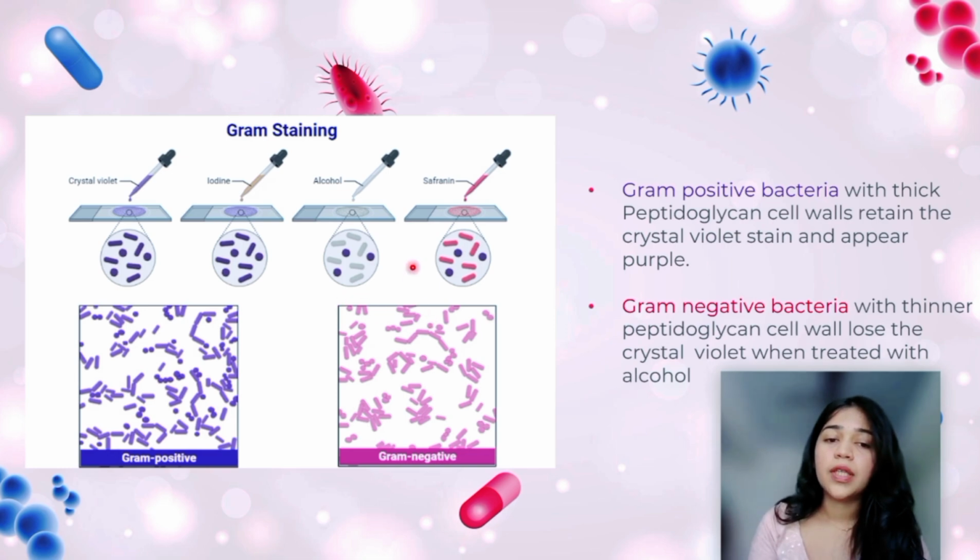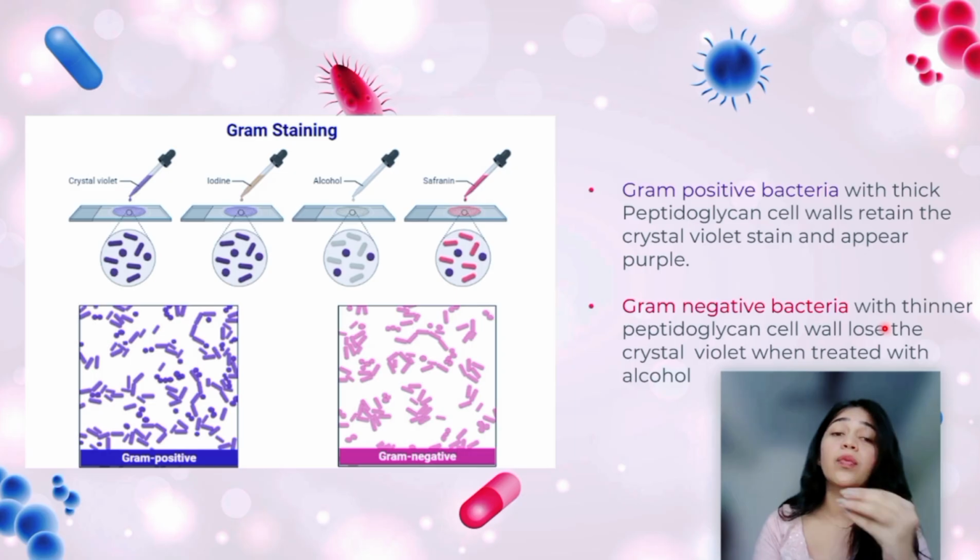Coming to the last step, the counter stain, we are using safranin here, and the colorless gram-negative bacteria take up the counter stain and appear pink. So the gram-positive bacteria with a thick peptidoglycan cell wall retain the crystal violet stain and appear purple.